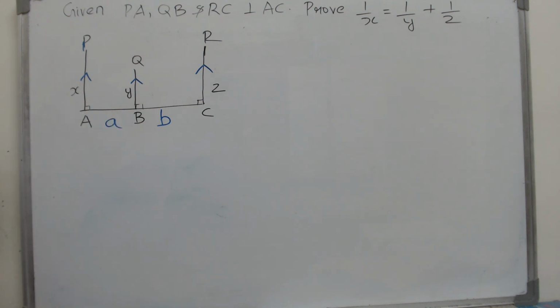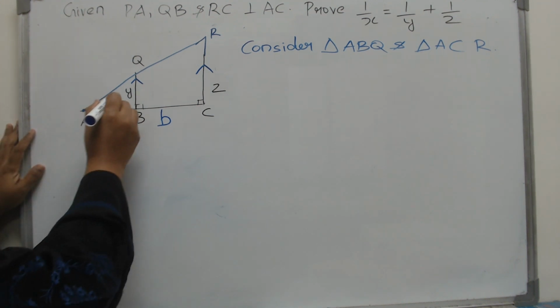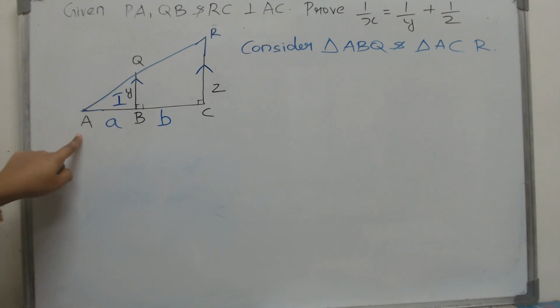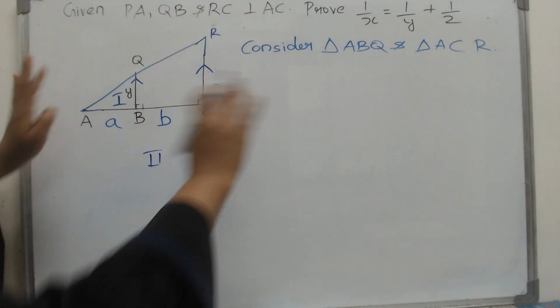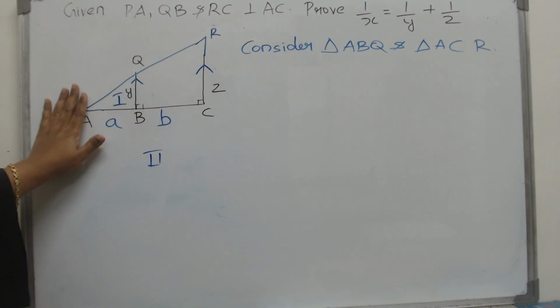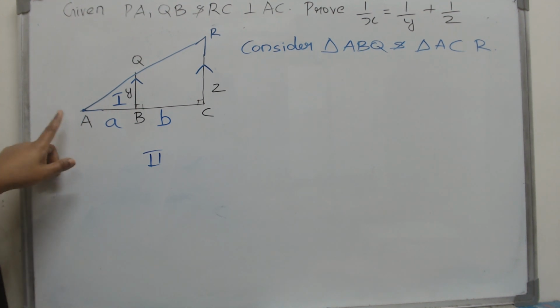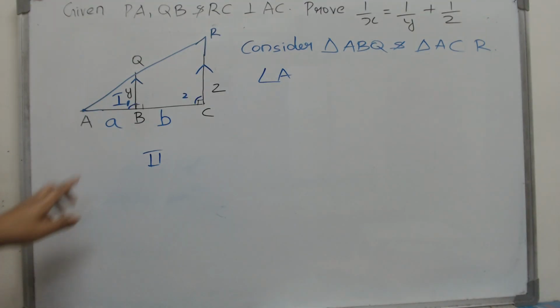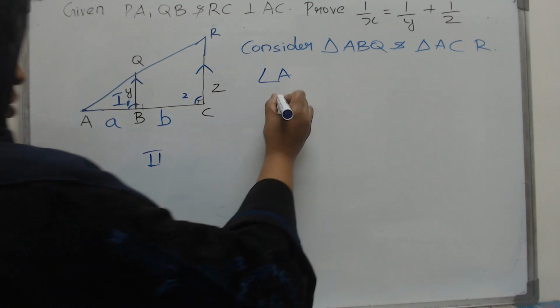So shall we start? So now here we have two triangles. First is this small triangle QBA, and the second one is this whole triangle, whatever you see here. What we are going to prove is that they two are similar. And what is the first thing you notice? Both of them have the common angle A. If this is 1 and this is 2, then what do we know?